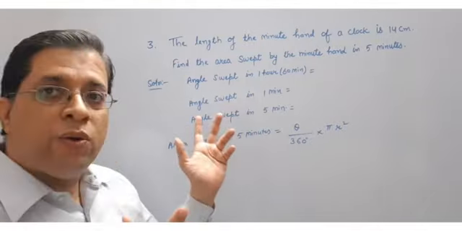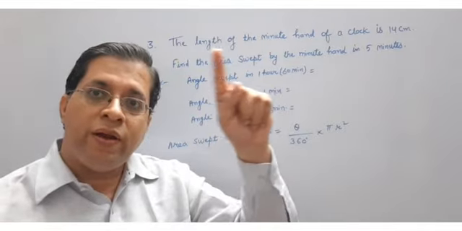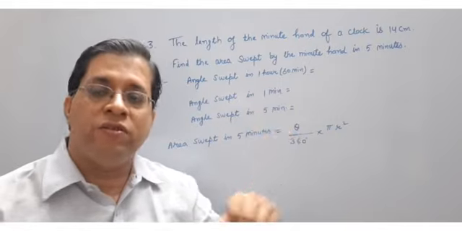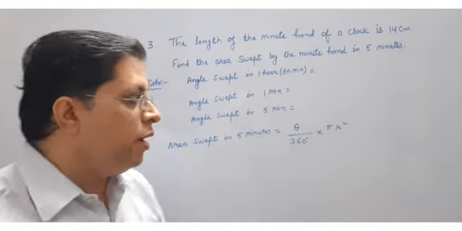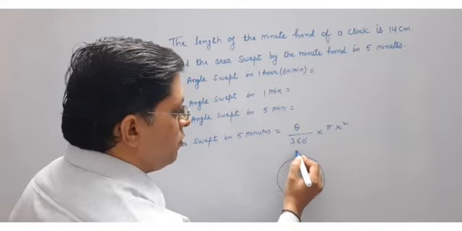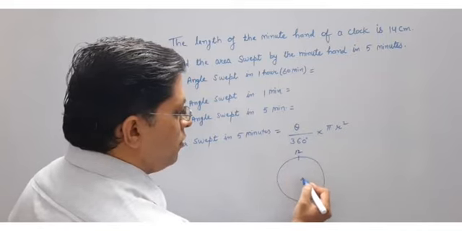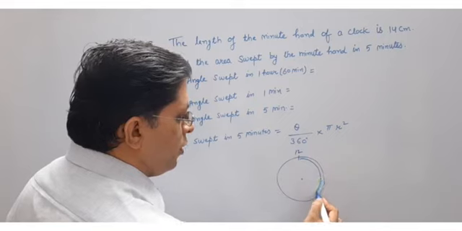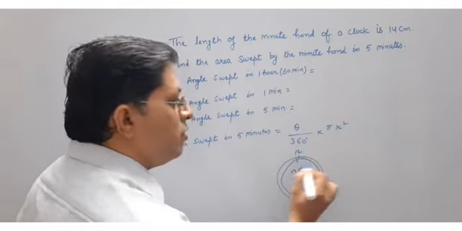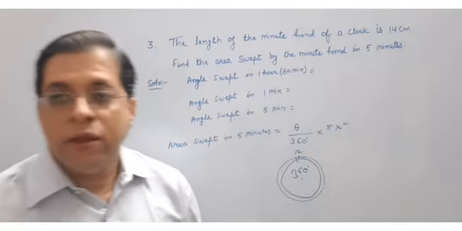What we know is that a minute hand covers 360 degree in 1 hour. The angle made by the minute hand, like this is a clock, this is 12. The minute hand will cover from here to here, again covering here. This angle is 360 degree.